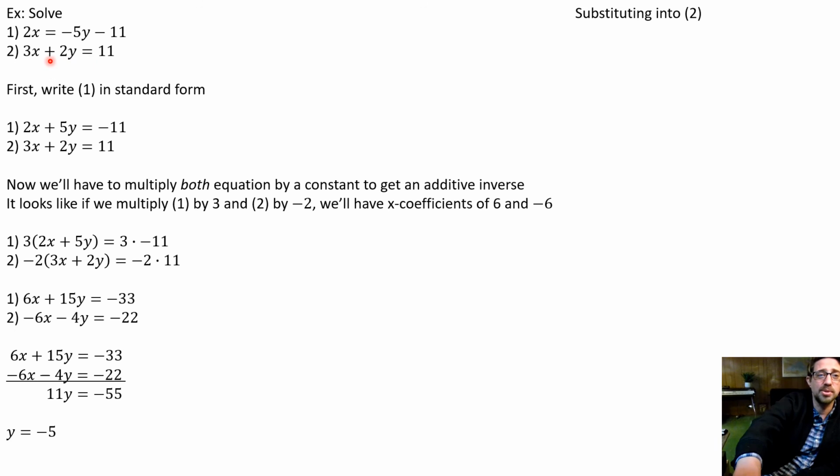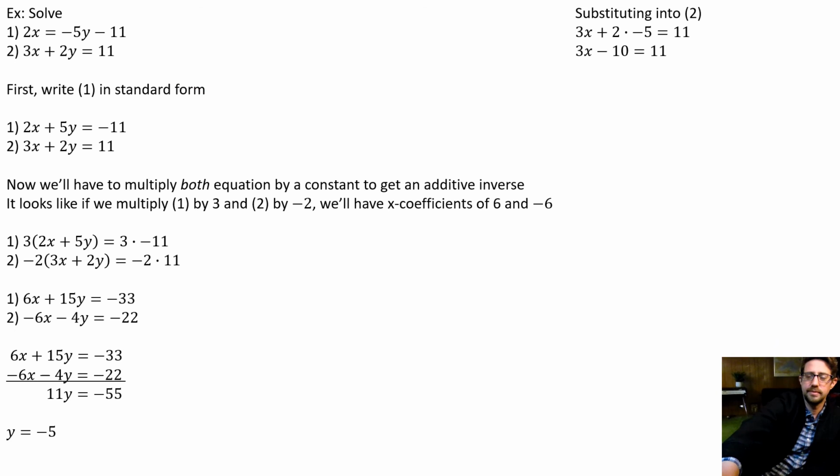So we're going to have 3x plus 2 times -5 equals 11. So that's going to be 3x is 21, which means x is 7. Which means as an ordered pair, your solution is (7, -5).